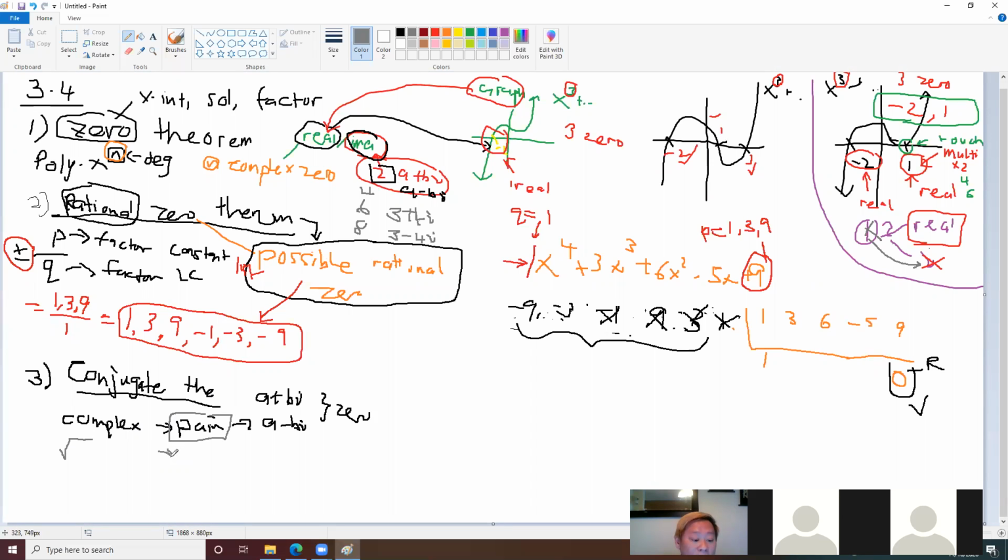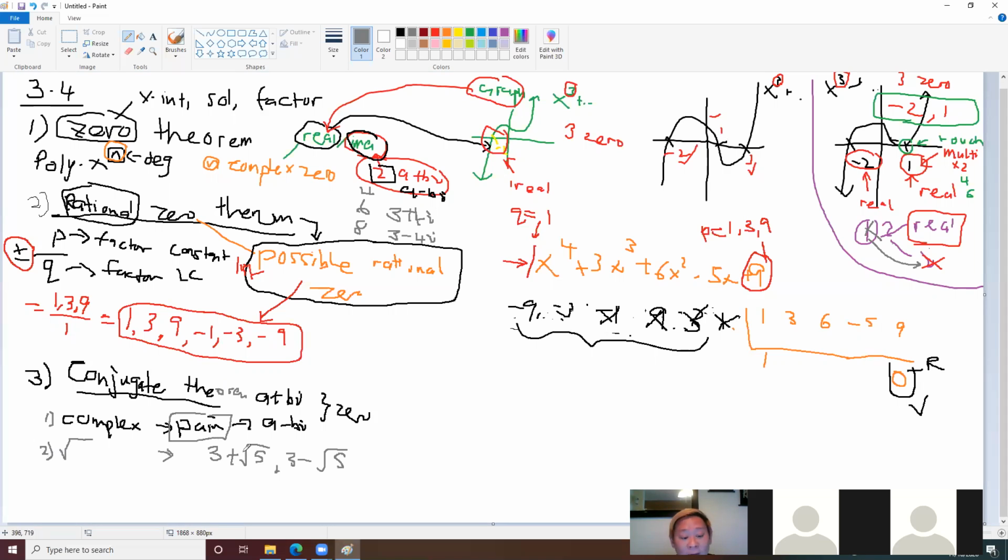Okay, this theorem also works for square roots. So the conjugate of the square root also works. For example, if 3 plus root 5 is a zero, 3 minus root 5 is also a zero. So the conjugate theorem works on two types of pairs: one is the complex and one is the square root.